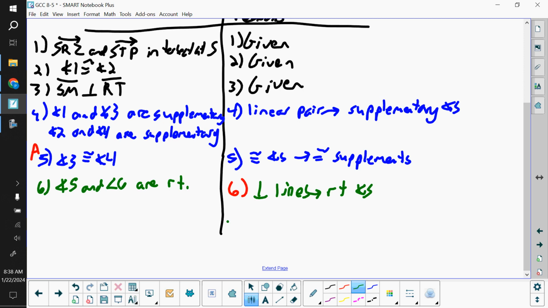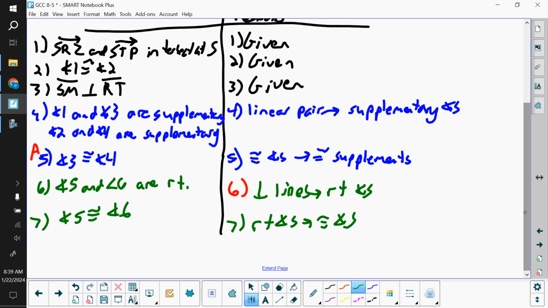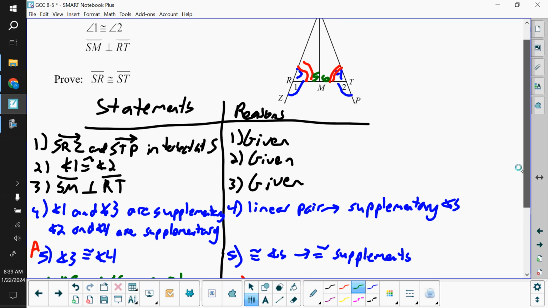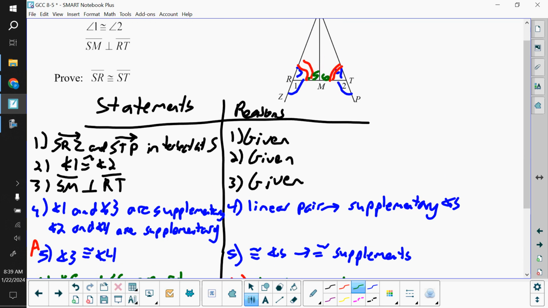And then we'll automatically do next our right angles implies congruent angles. And then have the angle 5 is congruent to angle 6. We'll put in our box.